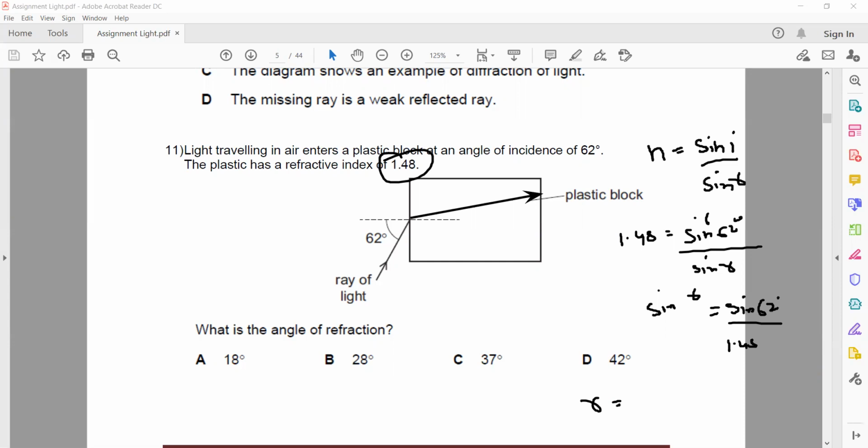And take the sine inverse of 0.6, which is 36.9, approximately equal to 37. Is it clear? The light travels from a rarer to a denser medium, so it will bend towards the normal. So we use the refractive index to find the angle of refraction.